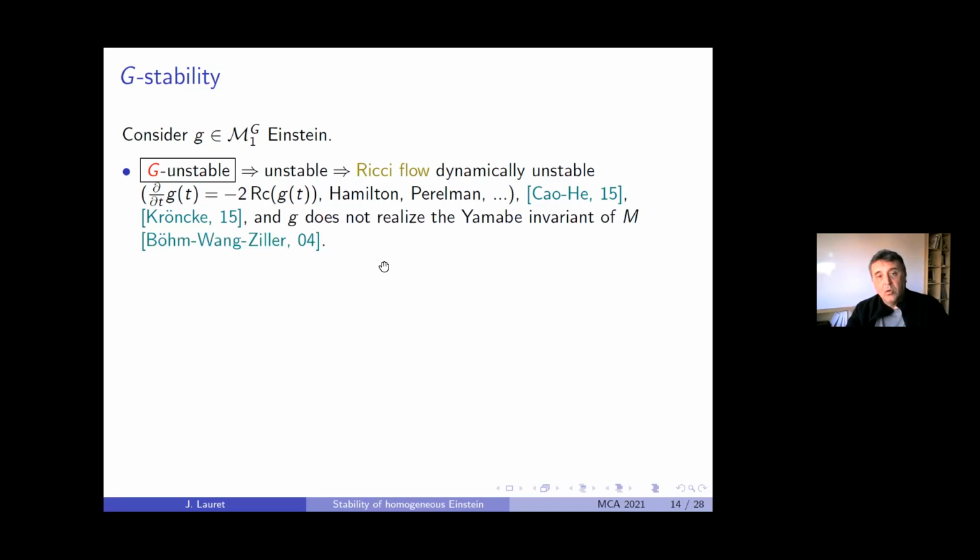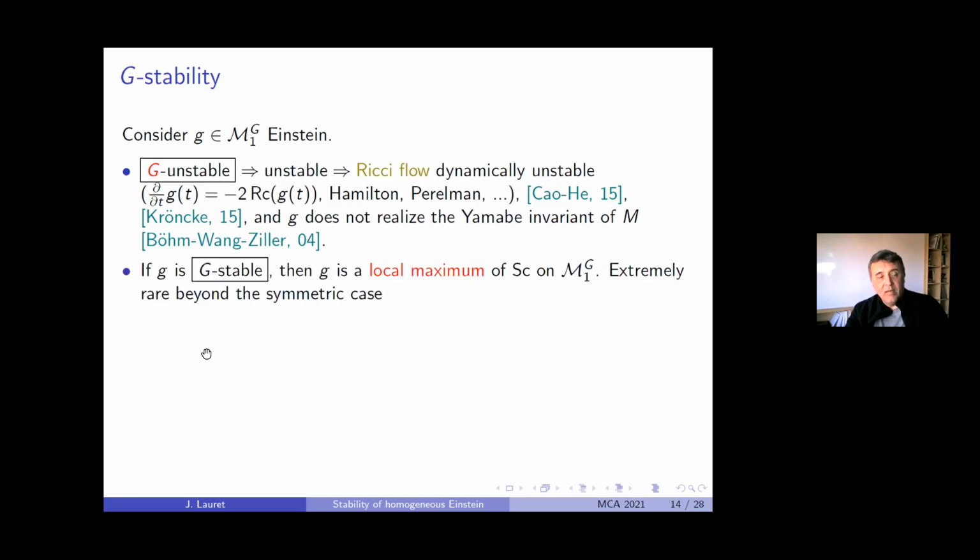And also, you know that G does not realize the Yamabe invariant by results by Böhm, Wang, and Ziller. Okay, if you get that G is stable, then it's a local maximum, and these metrics are really jewels. Are very, very difficult to find.